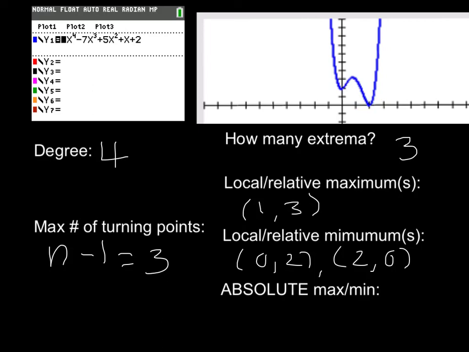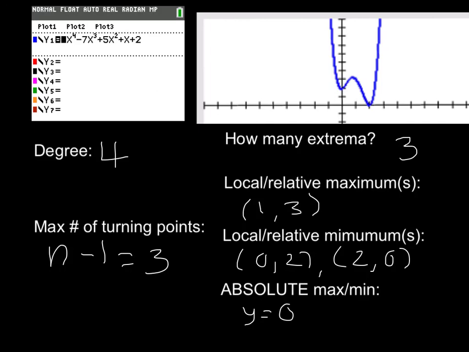The last question you guys are going to face will be whether or not we have any absolute maximums or minimums. So that just means if we're looking at this function, is there an extreme low value that this function hits? And it looks like the lowest point that this function will hit will be y equals 0. And this is referring to our y value.